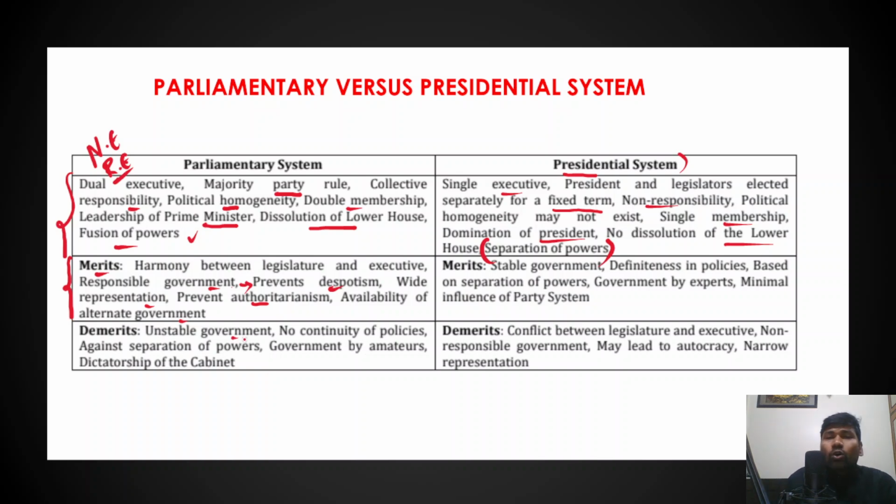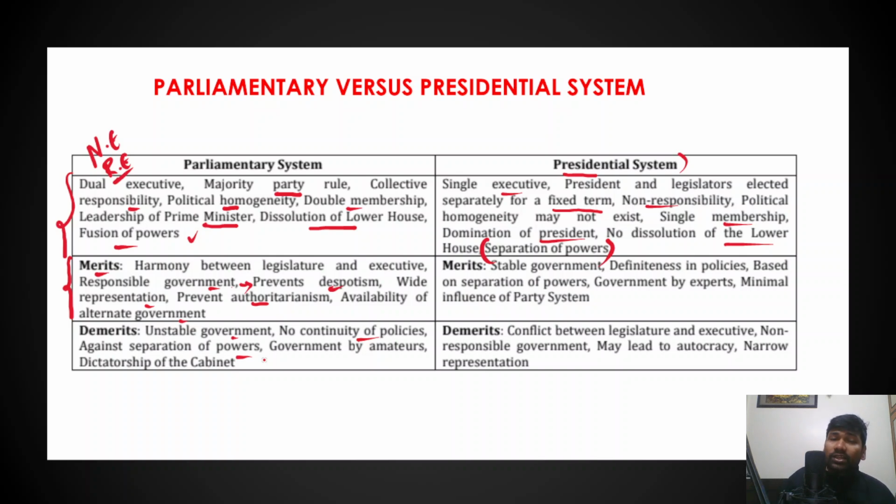However, what are the demerits of the parliamentary form of government? It is very often termed an unstable government, because coalition politics makes it unstable, as we have seen during the 1980s and 1990s in India. In fact, there is no continuity of policies because there is a lack of political stability, and the parliamentary form of government is against separation of powers because one branch of the government very often interferes in the working of the other branch.